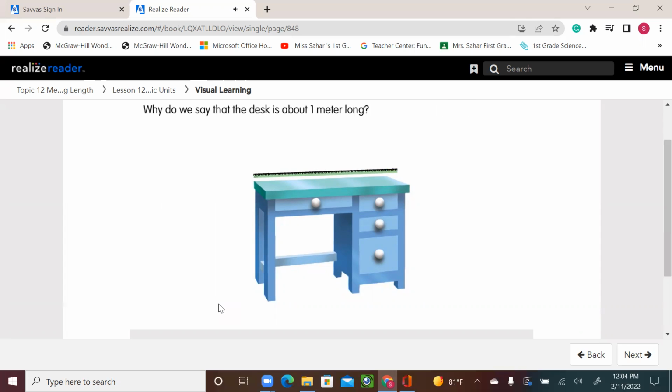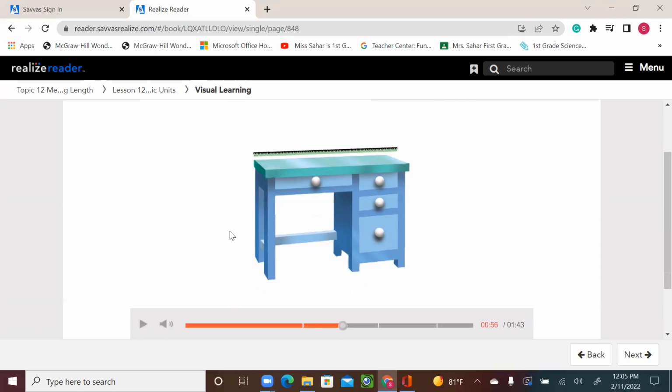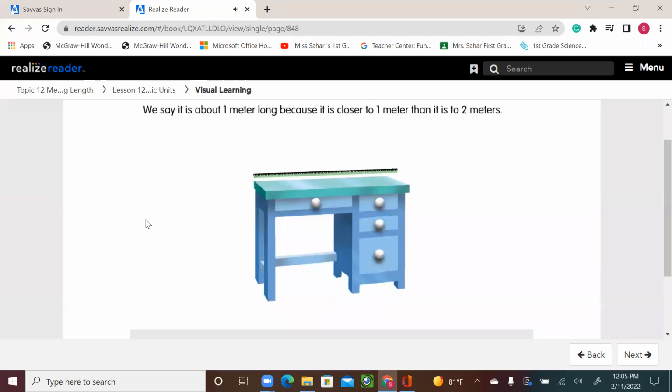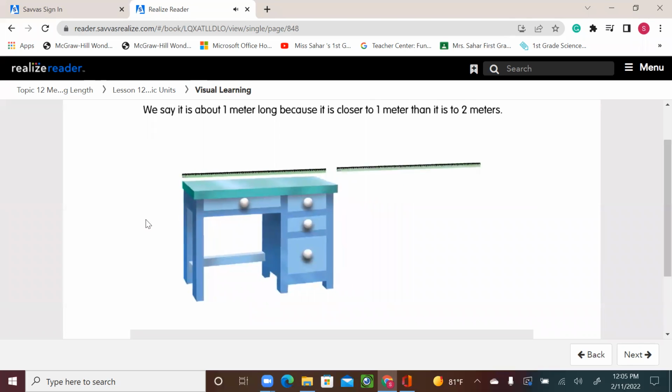Why do we say that the desk is about 1 meter long? Because look at the meter stick, it's almost there. So it's closer to being a meter long. So that's why we say about. We say it is about 1 meter long because it is closer to 1 meter than it is to 2 meters.